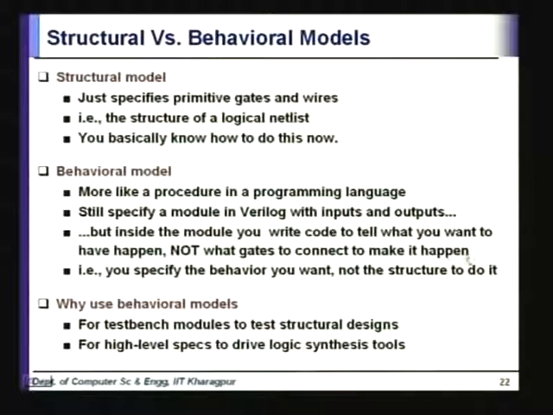not what gates to connect to make it happen. When you are writing out gates, you are almost synthesizing the circuit, you are almost giving it in circuit form, whereas in the behavioral model you specify it in algorithm form, and you expect the synthesizer to take that and generate a circuit which does what this behavioral model does.